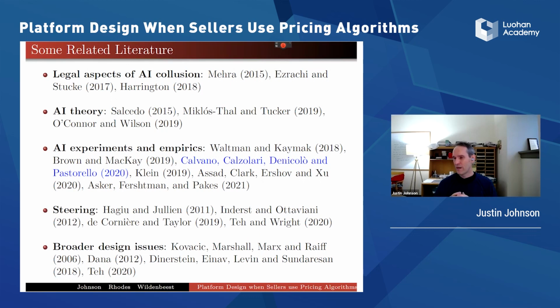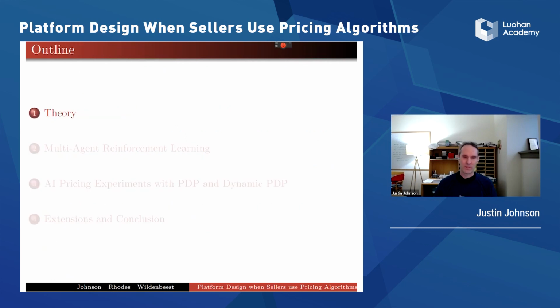And what Calvano and his co-authors find is that they actually learn to charge very high prices that look a lot like collusion. Okay, so again, we're not specifically interested in a situation where we're designing the algorithms to collude, but more in a circumstance where the algorithms end up doing something that looks like collusion. And then we ask, hey, what can we as the platform perhaps do about it?